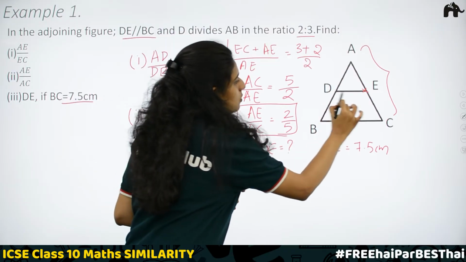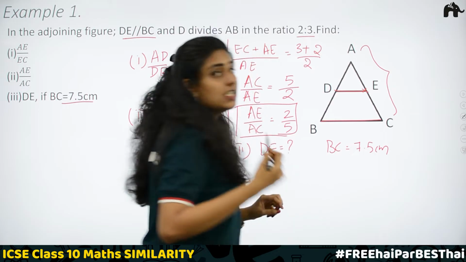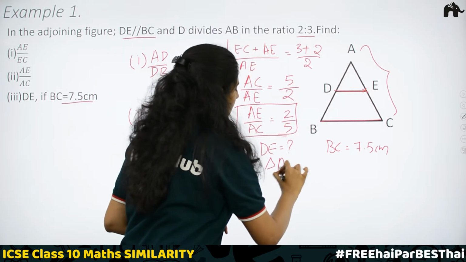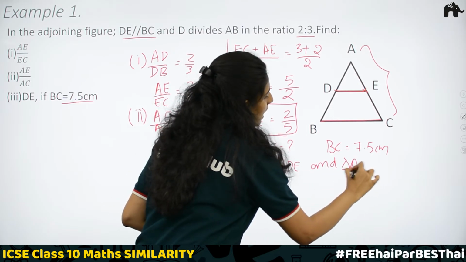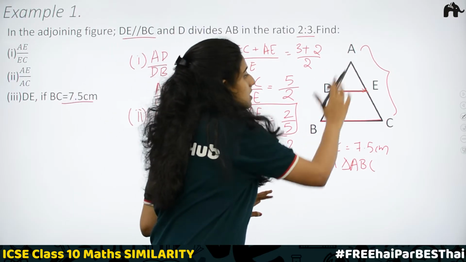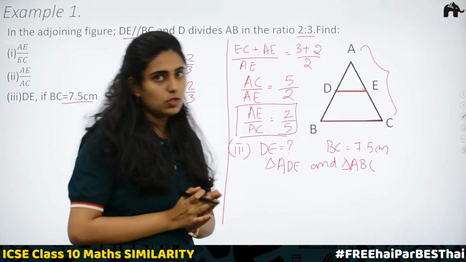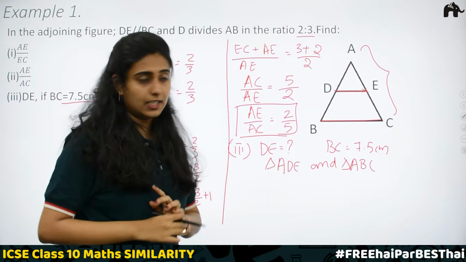DE should be part of one triangle and BC should be part of the second triangle. We will take triangle ADE and triangle ABC. If I am able to prove these two triangles are similar, then the ratio of their corresponding sides will be equal, from which we can find the value of this DE.